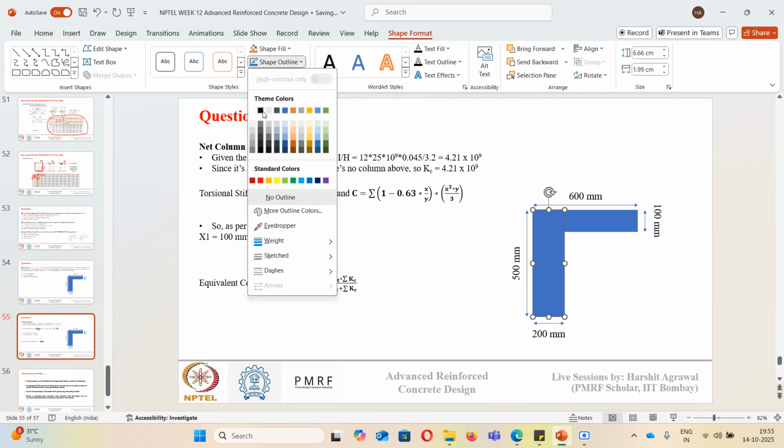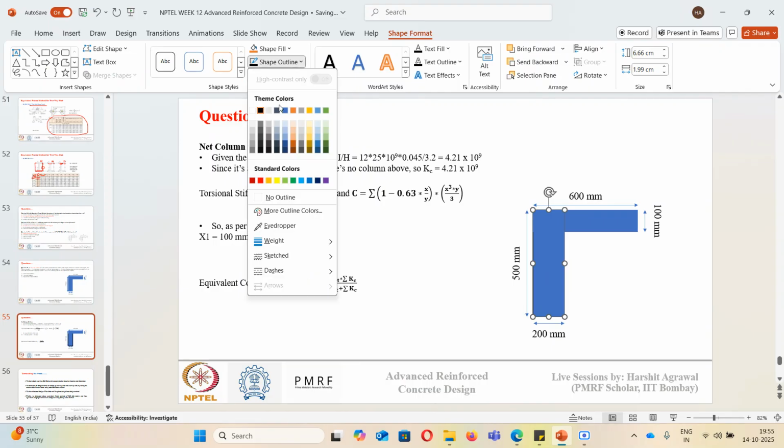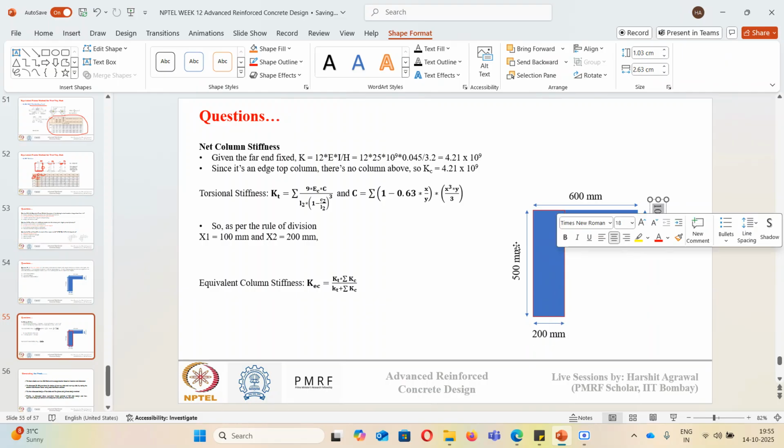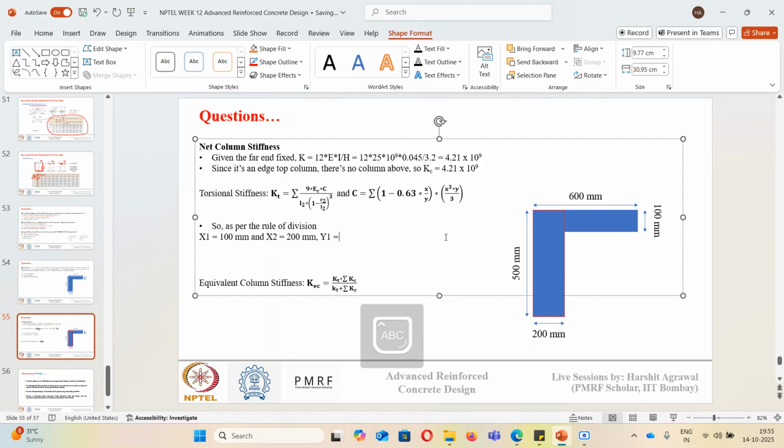This is my first section, and this smaller one will be my second section. Because this is greater than this, I need to provide greater y to this x2. So y1 will be equal to 600 minus 200, which is equal to 400 mm, and y2 will be equal to 500 mm.